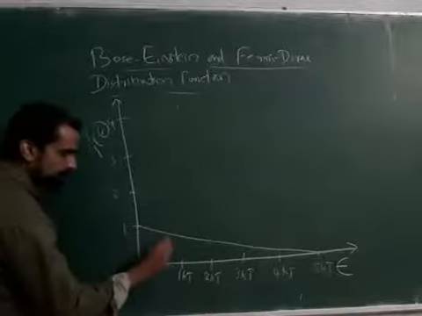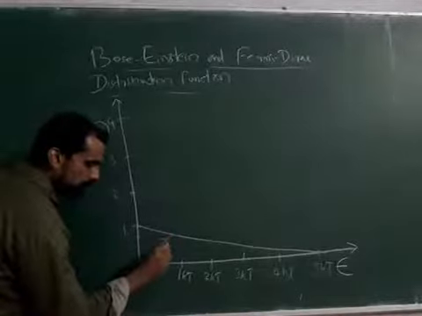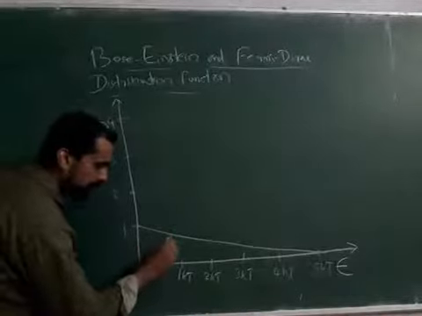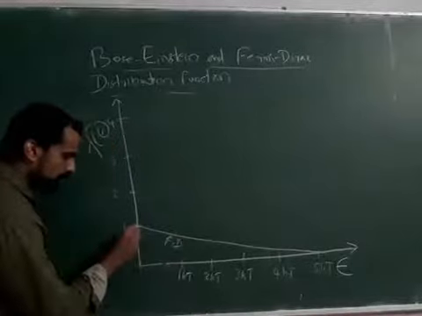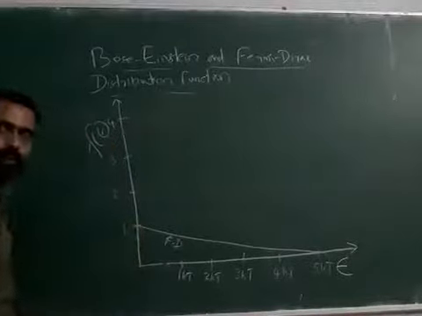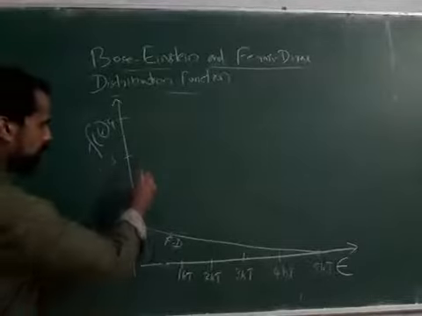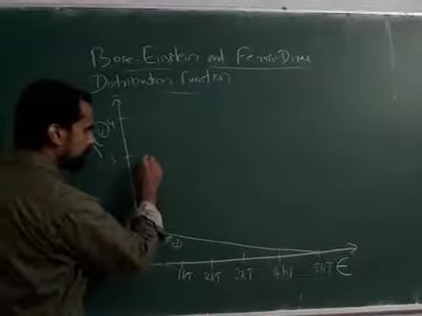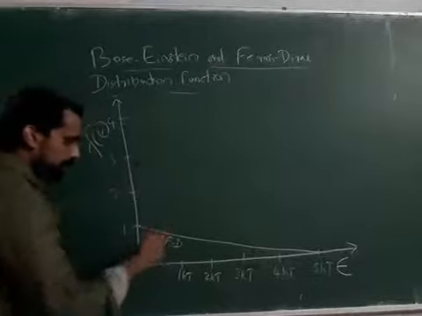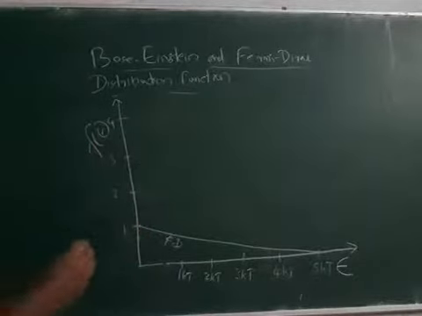So this is f of Fermi-Dirac, because it has a maximum of 1. Now if I take another color, then this Maxwell-Boltzmann will come around this.